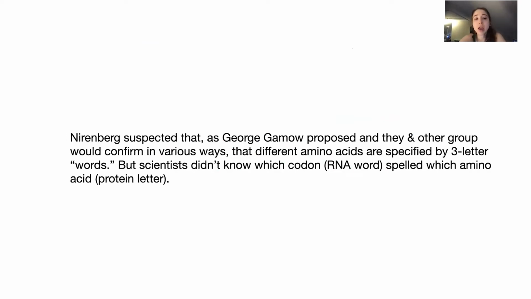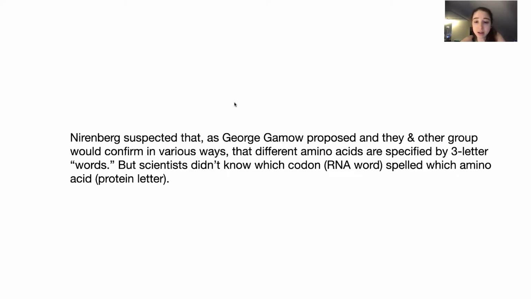Marshall Nirenberg is our main figure here. He was running a lab at the NIH, and later he would work with postdoc Heinrich Matthaei and Philip Leader. But he was taking in knowledge from all sorts of different places and scientists.